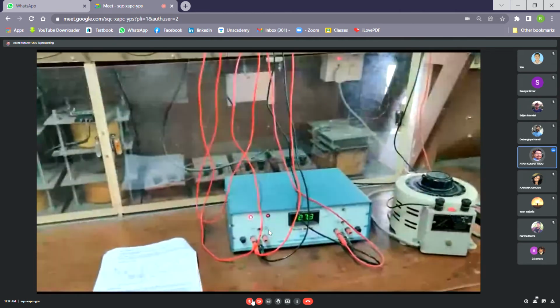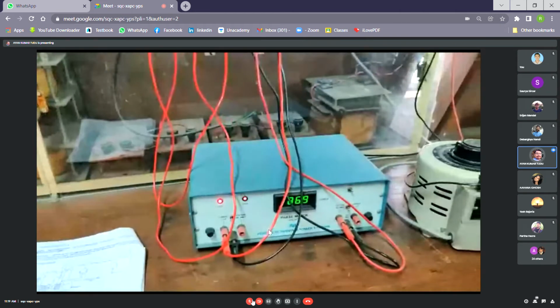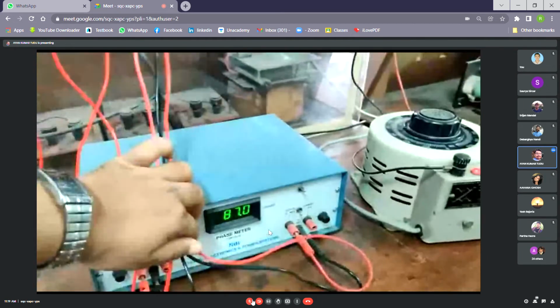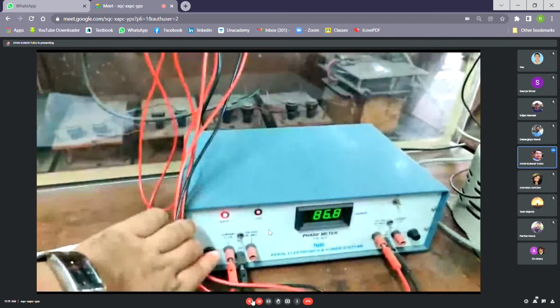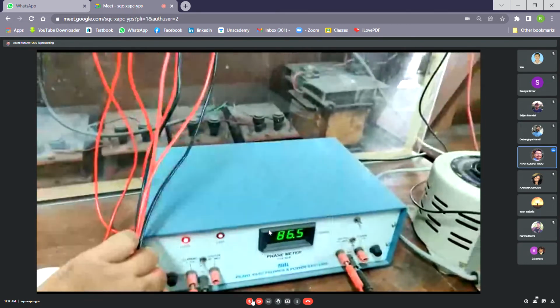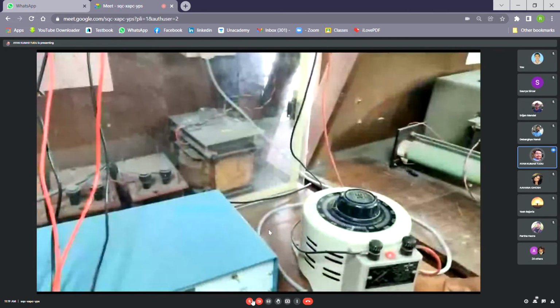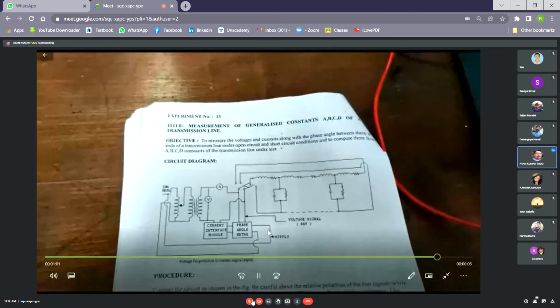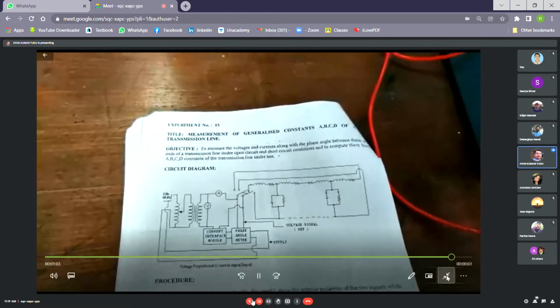This is the phase angle meter by which we will see how much phase lag or lead has occurred. As you can see, lead and lag has occurred, and this is the variac, and this is the circuit diagram of the circuit.